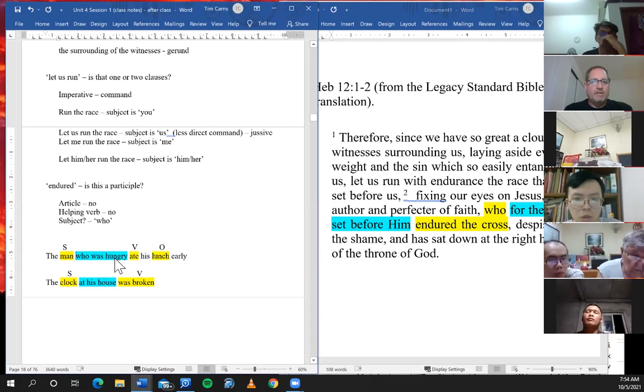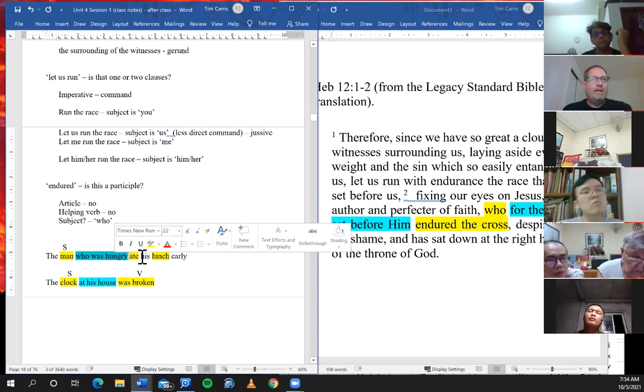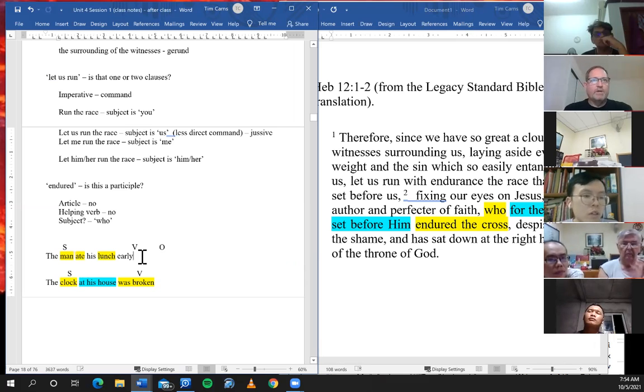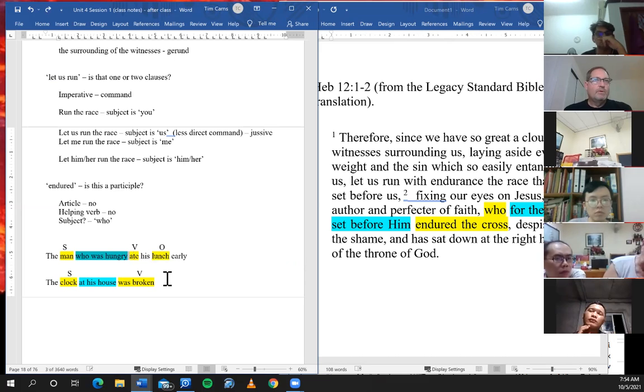Instead of saying this, I could have said the man ate his lunch early who was hungry. In English, that's more difficult to understand what it's modifying. So what I did is I put it right after the word that I want it to modify. Same in the second sentence.